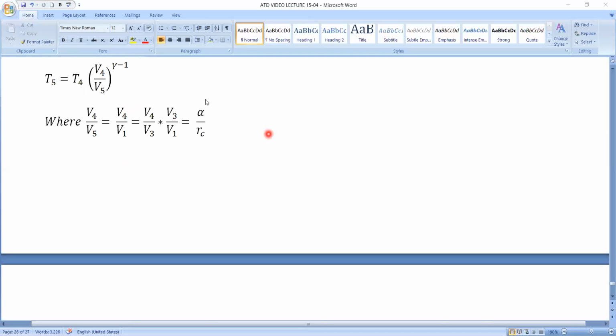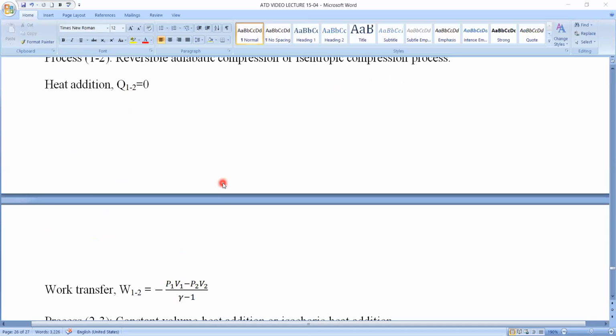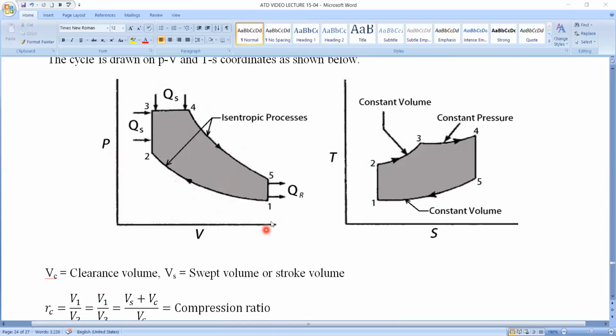Now this is a very important step, that V4 by V5 as it is. This term can also be written as V4 by V1, because 5 to 1 is a constant volume process, where V1 is equal to V5.